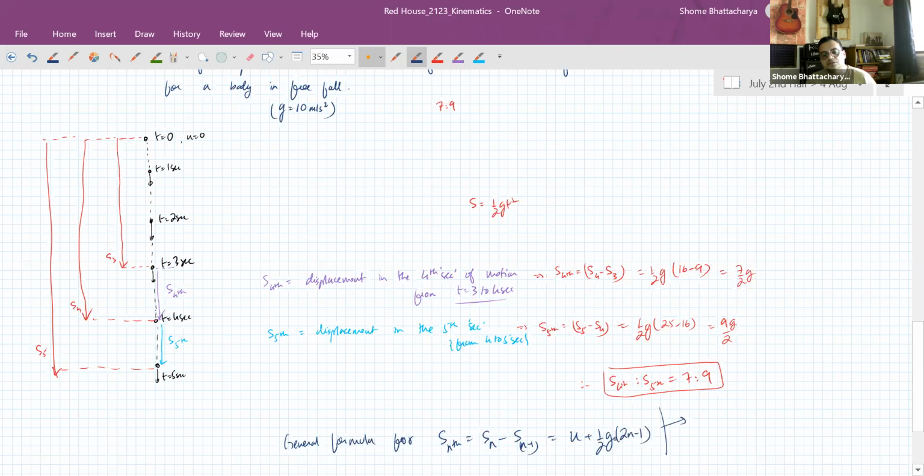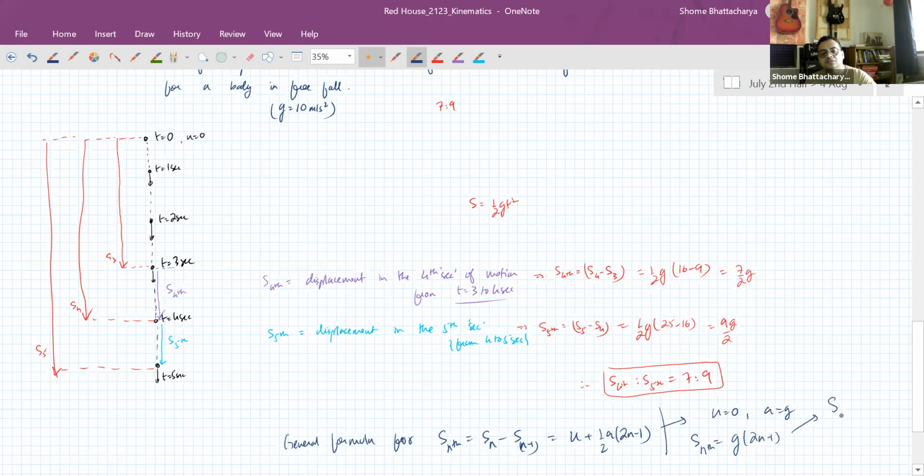So in this particular case u is 0, but a is equal to g. Okay, so this was the formula. So in this particular case, put u equal to 0, a equal to g. So displacement in the nth second in general is half g into 2n minus 1.